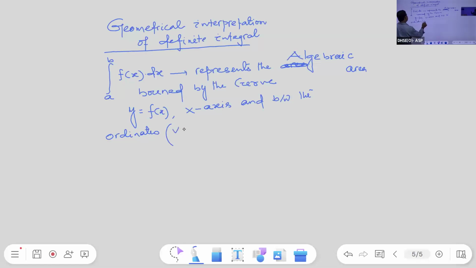Ordinates are vertical lines at x is equal to a and x is equal to b, in the positive direction, that is from left to right.